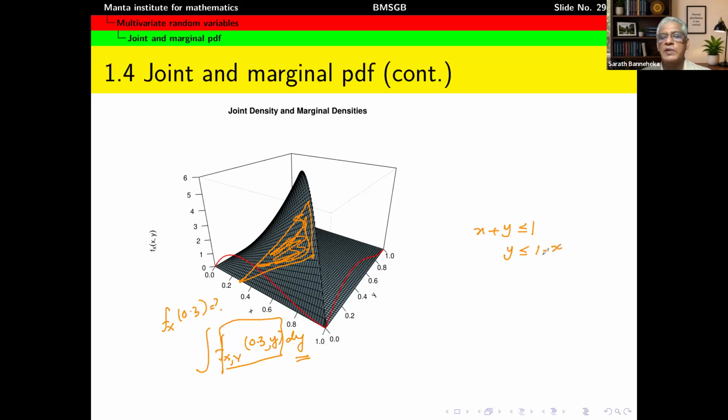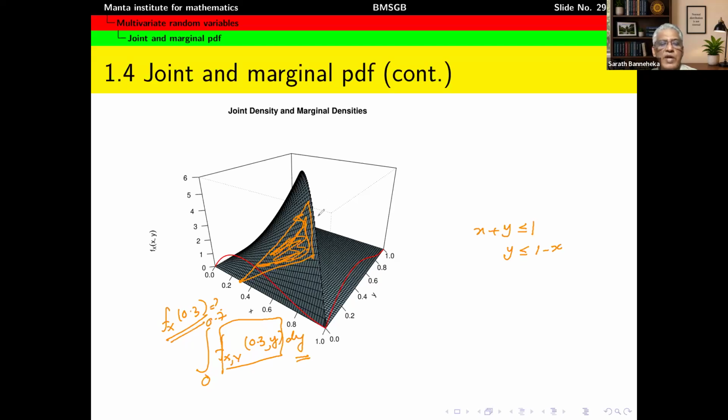In this case, y will be less than or equal to 0.7 because x is equal to 0.3. So you will have to integrate from 0 to 0.7. y will be changing from 0 to 0.7. That will give you this answer, right?